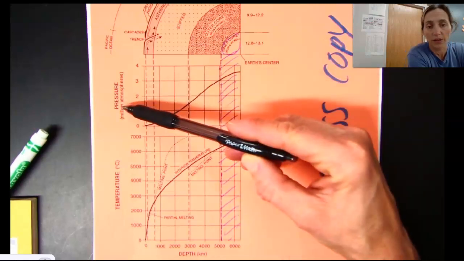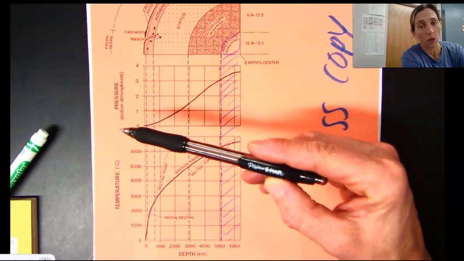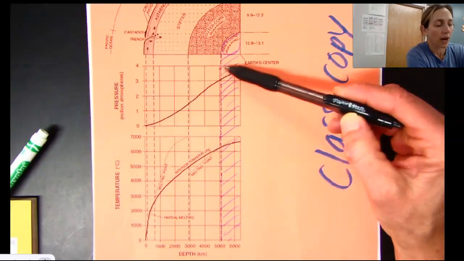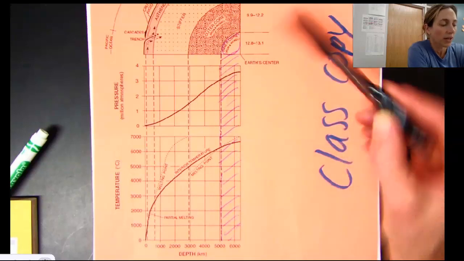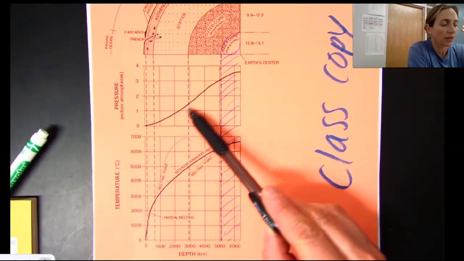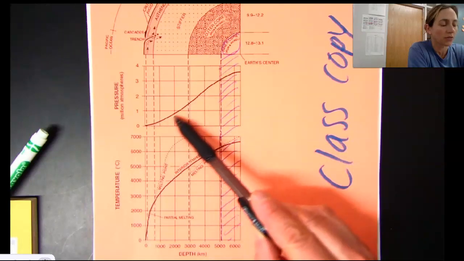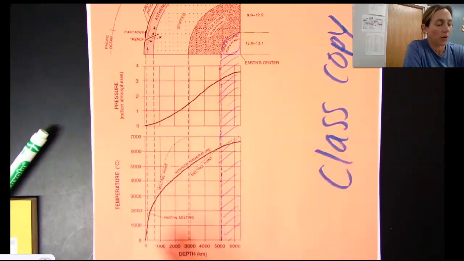Now, this chart right here is all about pressure. So if I want to know about the pressure in the inner core, I now know this is the area where I look to get information about pressure in the inner core. Here is our line of interest. This line is increasing in pressure as we go deeper into our planet.